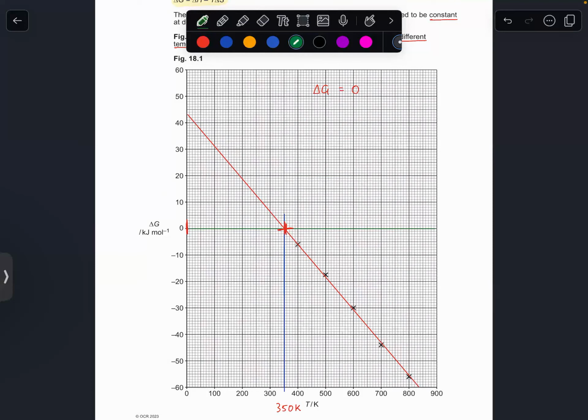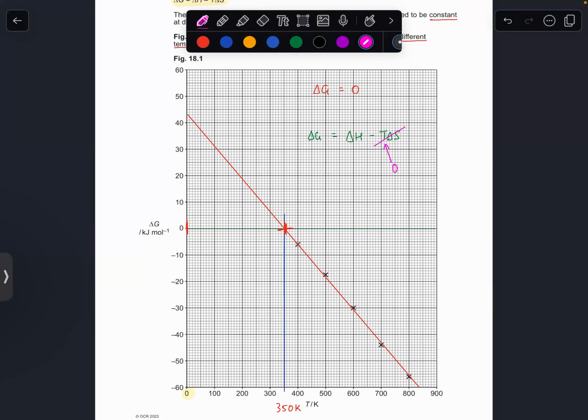Now, when the temperature is 0 Kelvin, you've got delta G is equal to delta H minus T delta S. When T is equal to 0 Kelvin, that whole T delta S term is equal to 0.